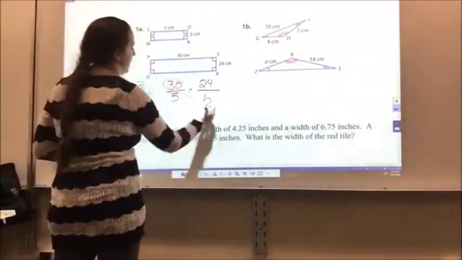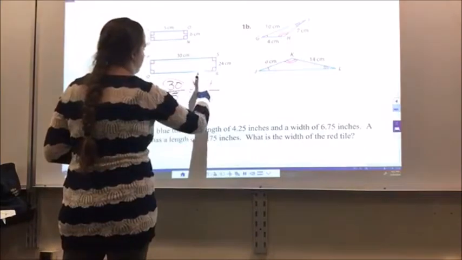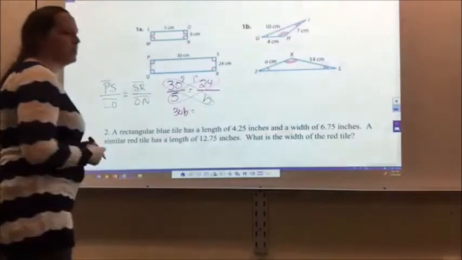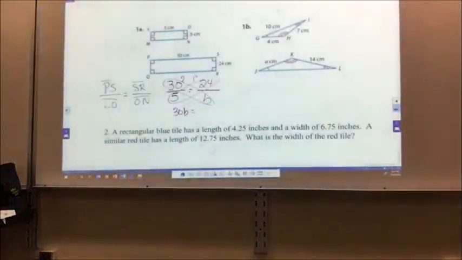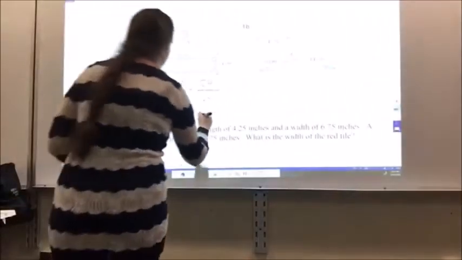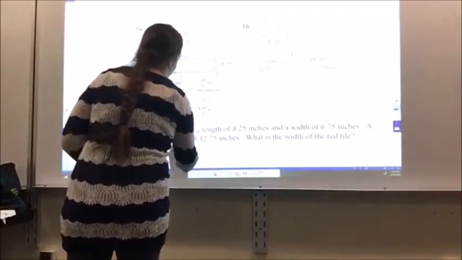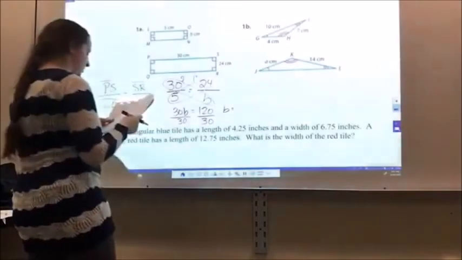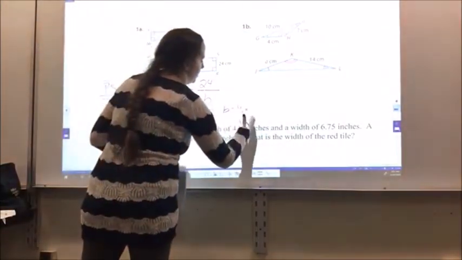Okay, so I multiply by the butterfly. So I get 30B equals 24 times 5, which gives you 120. Then I divide both sides by 30, so B equals 4 centimeters.